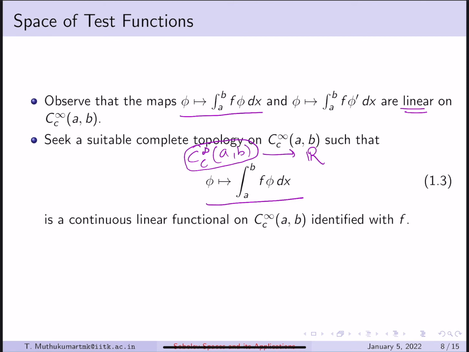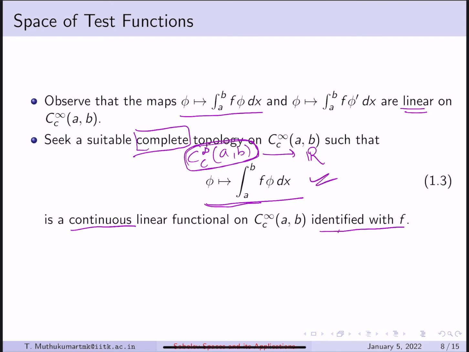Now, if we look for a suitable topology which is complete, suppose we can put a topology in the space which is complete such that this linear functional becomes continuous, okay, then we have identified f with this linear functional.